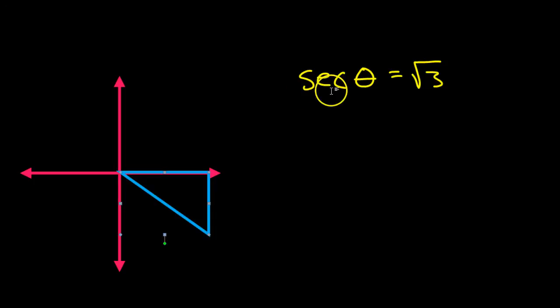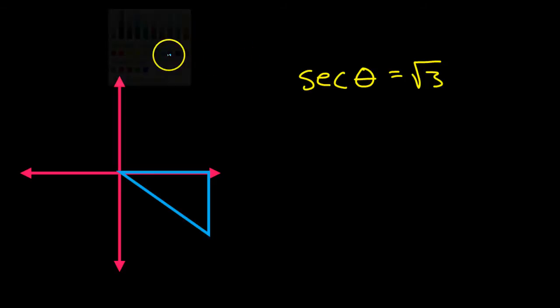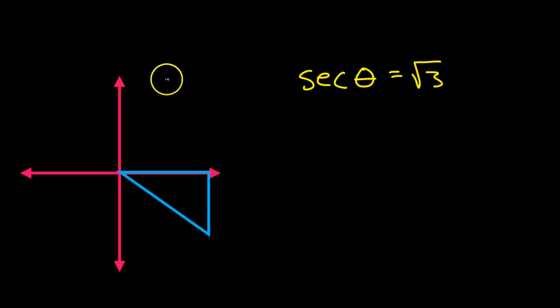Now, remember that the secant is the reciprocal of the cosine function. So that means that the cosine function must equal 1 over radical 3. It's the reciprocal of this.